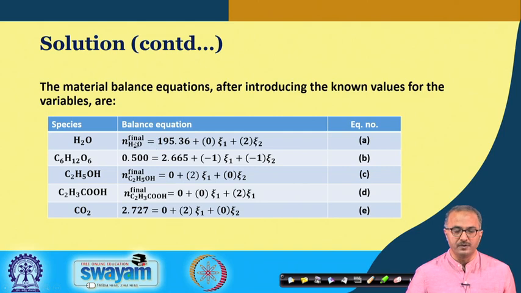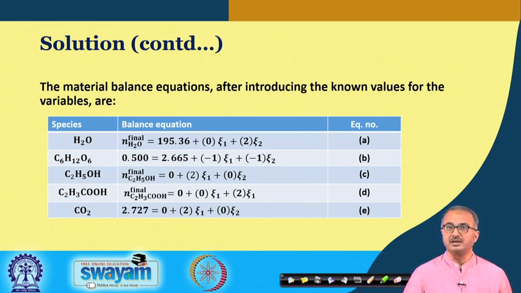Now, we write all the species balance equations for each of the species in terms of the extent of reaction, and you can write these very easily from the definition of the extent of reaction. Just one thing to take care of is that any species, for example glucose, will be involved in both the reactions.